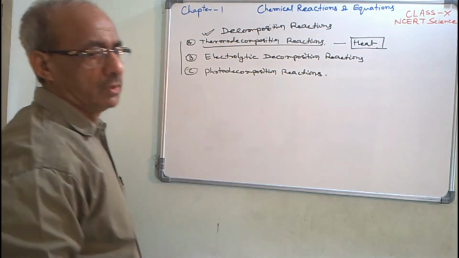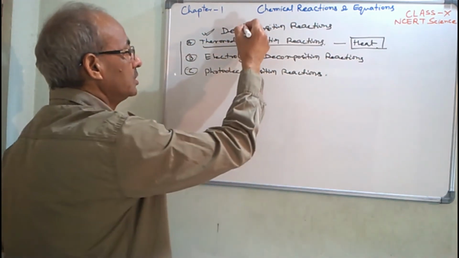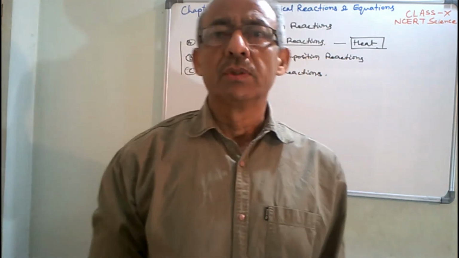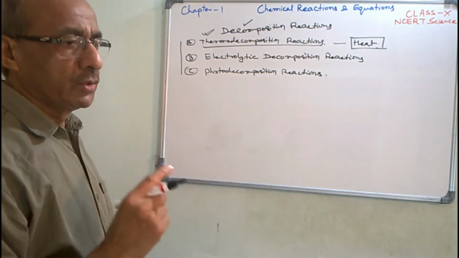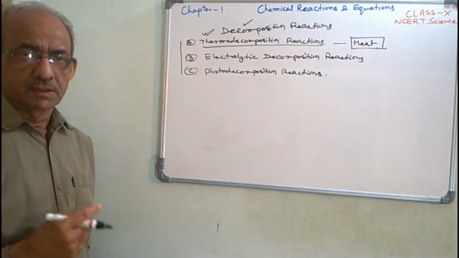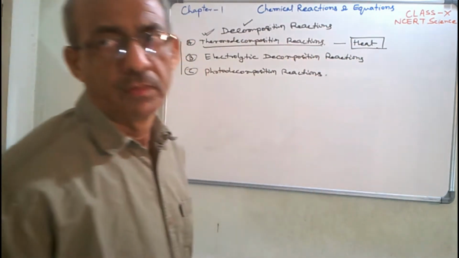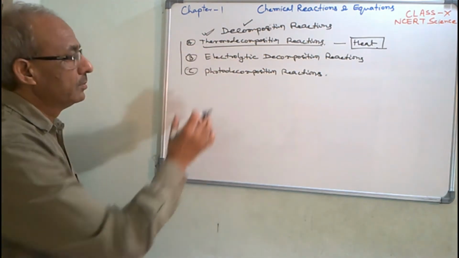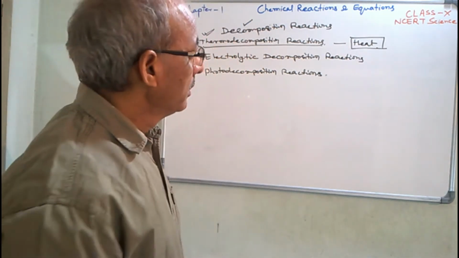During the last session, we studied that decomposition reactions are those reactions during which a single complex substance is split into two or more simple substances under the influence of heat or electricity or light, particularly the sunlight.